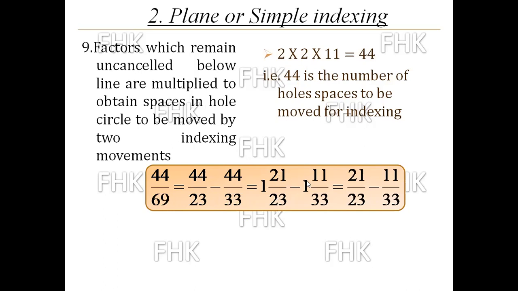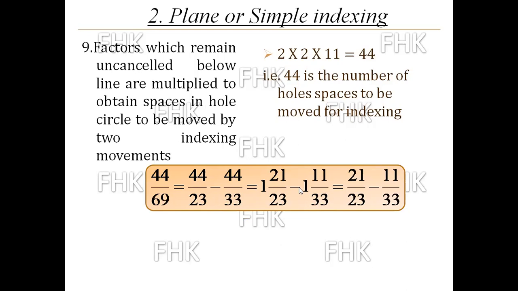So 44 divided by 23 is 1, remainder 21, so 21 by 23, minus 1 minus 11 by 33. The first 1 is one rotation of the crank in the clockwise direction, and the other 1 is one rotation of the index plate along with the crank in the anti-clockwise direction.